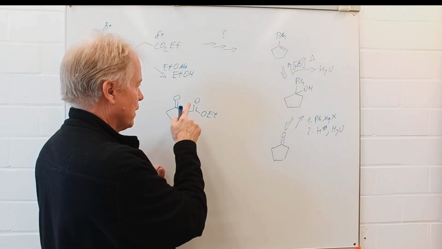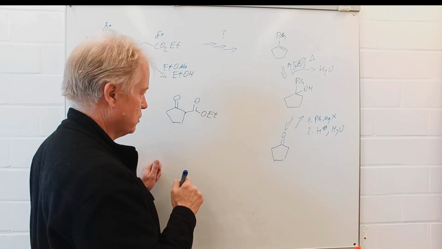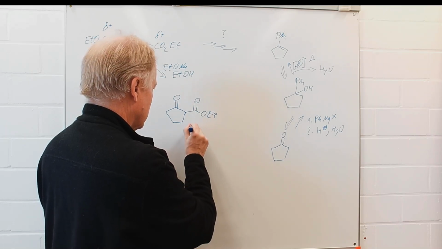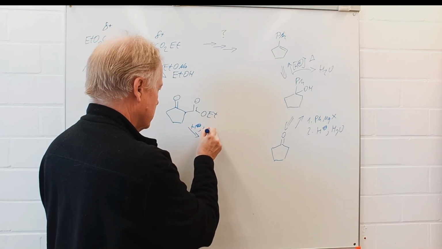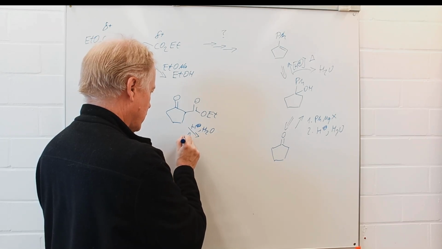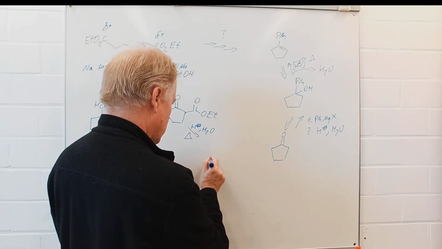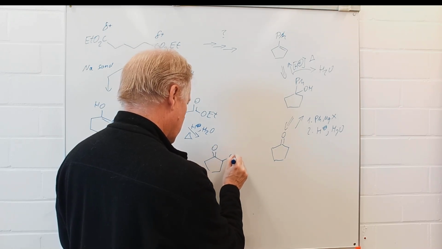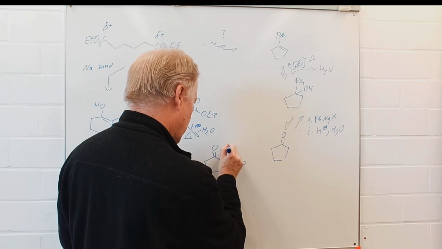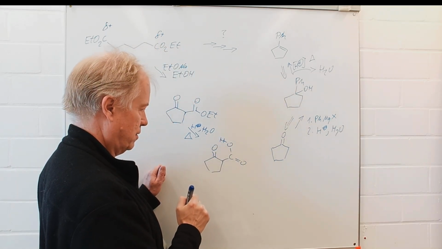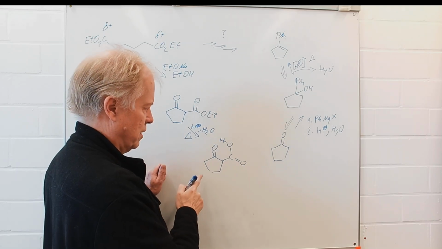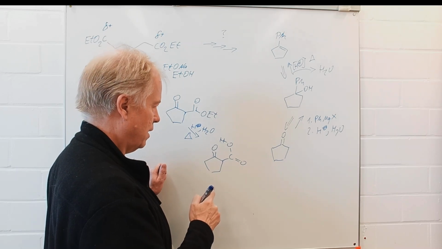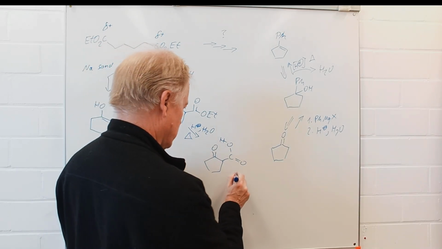The question is, how do we get rid of this ester functionality? This is very easy. Acidic hydrolysis, elevated temperature, will lead to this acid with a rather short lifetime, because beta-keto carboxylic acids are known to be unstable.